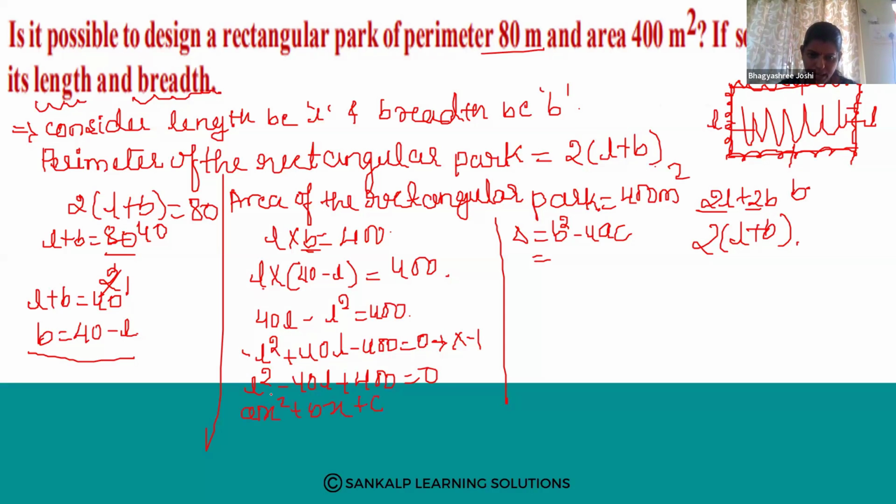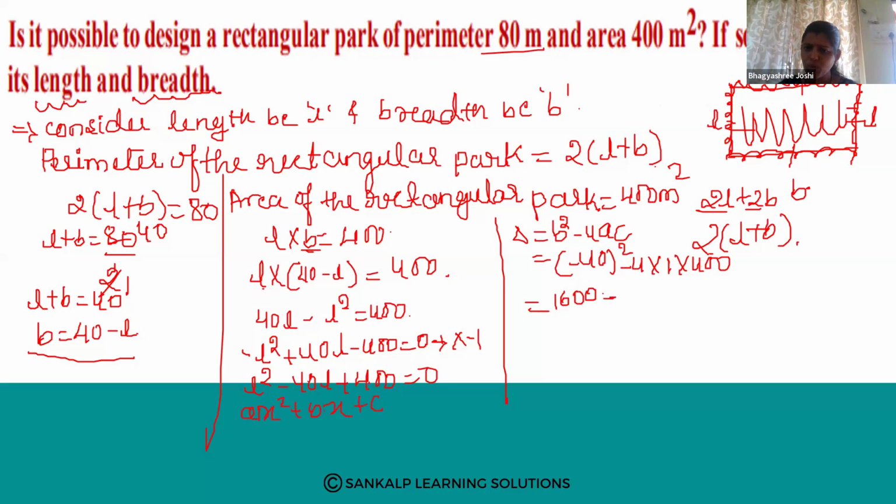So what is the value of A? A is 1, B is minus 40 and C is 400. So B value is minus 40 square minus 4 into A value 1 and C value 400. 40 square, 4 square is 16 and 2 zeros. So 1600 minus into minus plus.